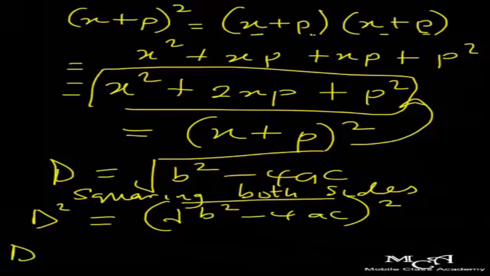So d squared is equal to b squared minus 4ac, because the square root disappears.